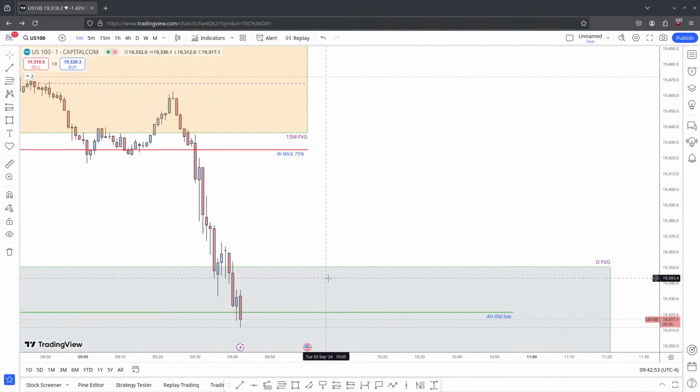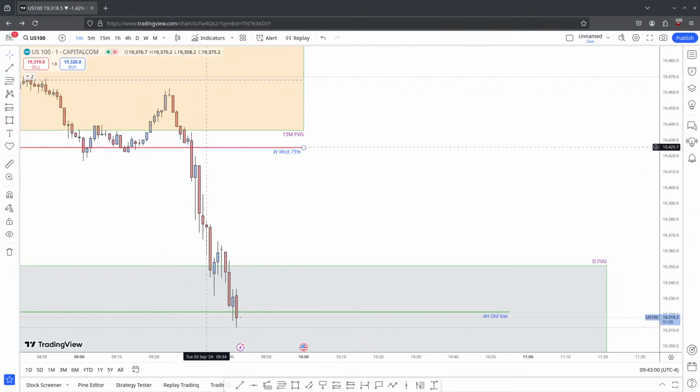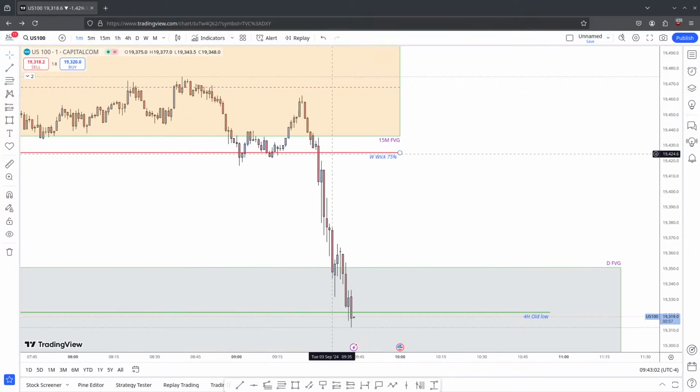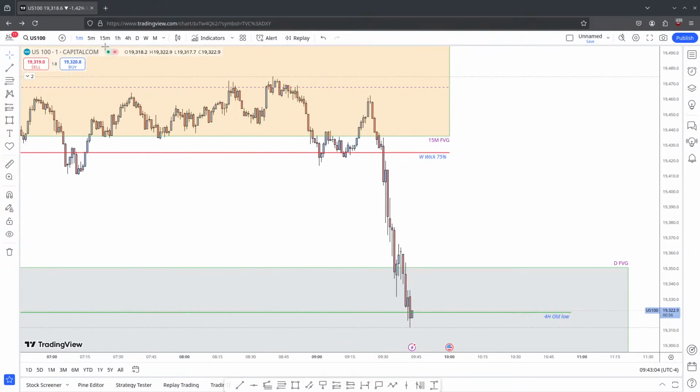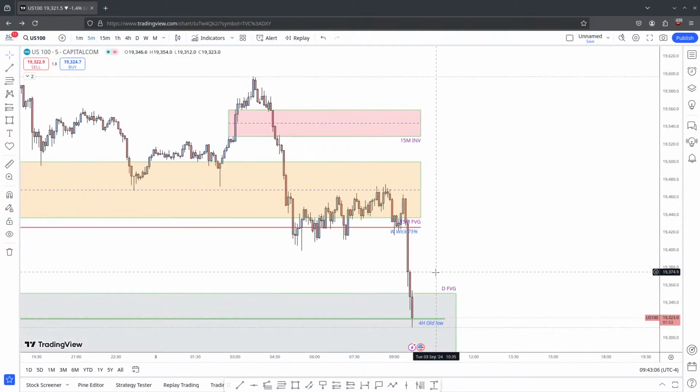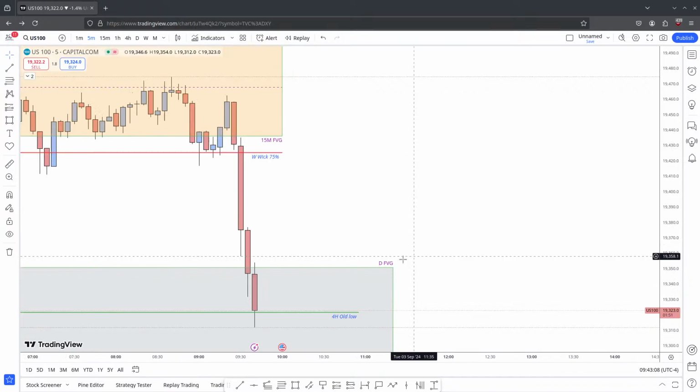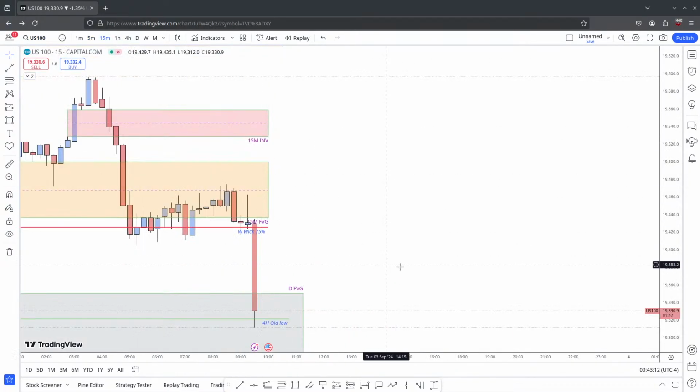Inefficiency. Let's see here, not much inefficiency left. Still have inefficiency here. Inefficiency there, equal highs there. It could still trade up there again, so we just have to wait and see. Lots of inefficiency on the 5 minute. Just one fair value gap down swoop here on the 15.